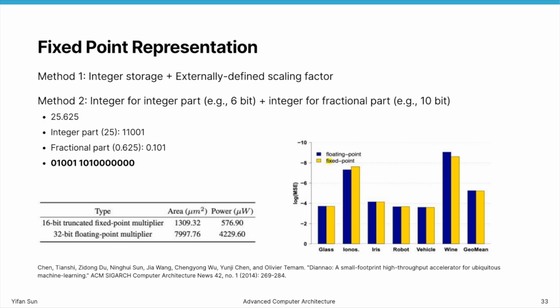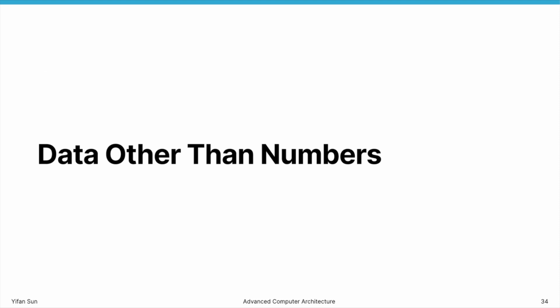In terms of machine learning, or at least the type of machine learning algorithm, their uniqueness is that the range of these numbers is relatively fixed. That's why they can use fixed point representation to represent these numbers. Any questions so far?